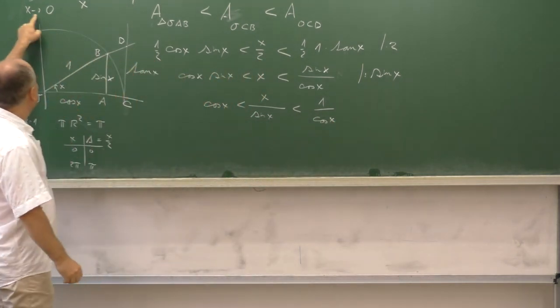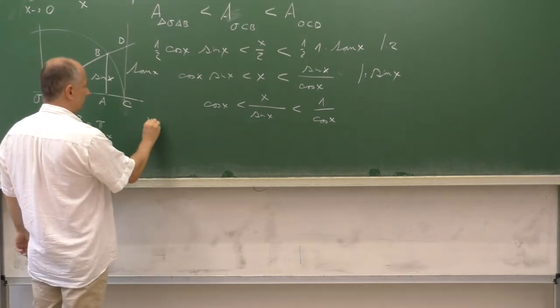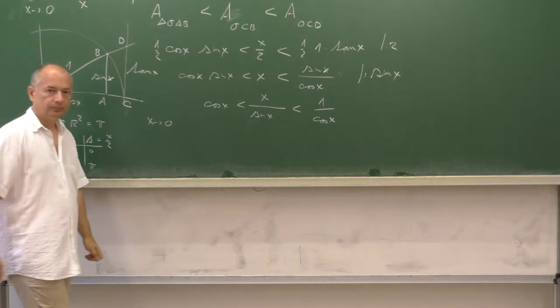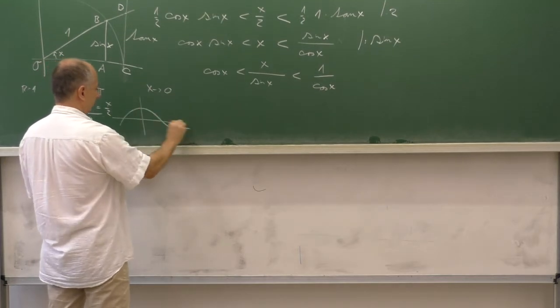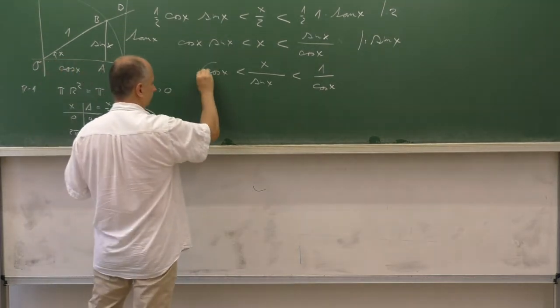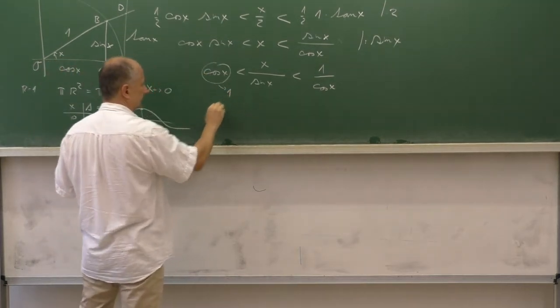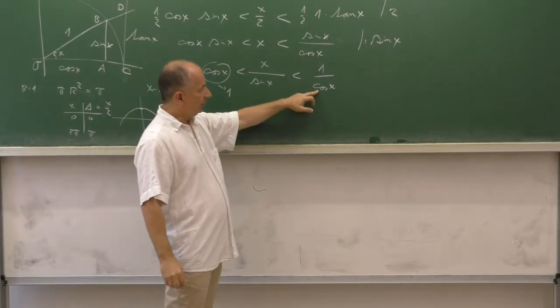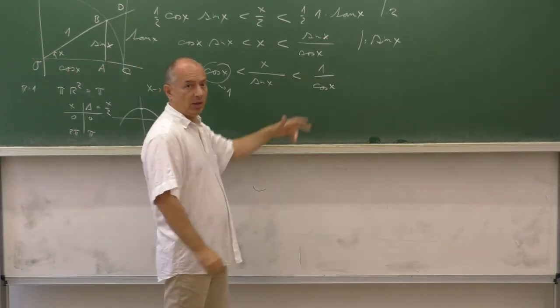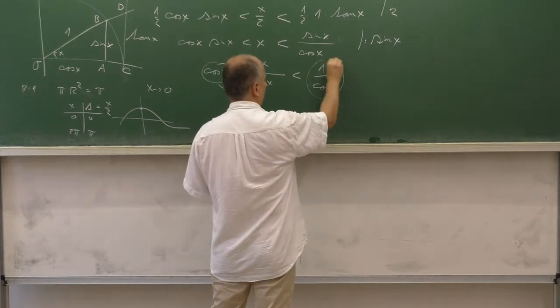And now for x approaching 0, cosine approaches 1, and as cosine approaches 1, 1 over 1 is 1, so this fraction approaches 1 as well.